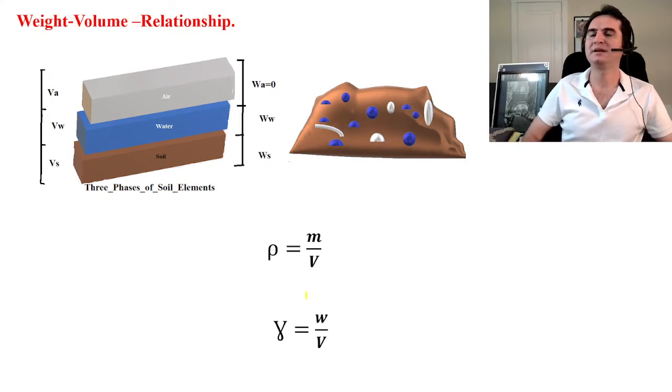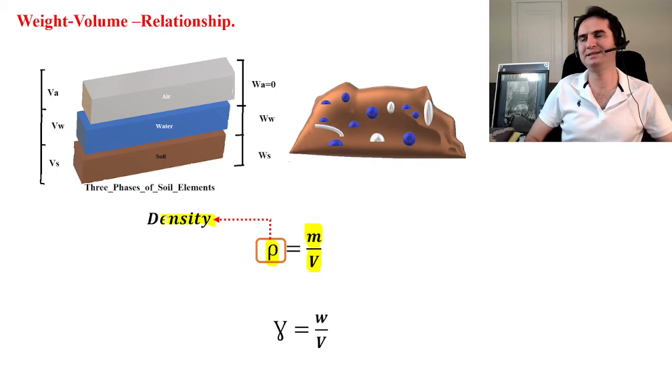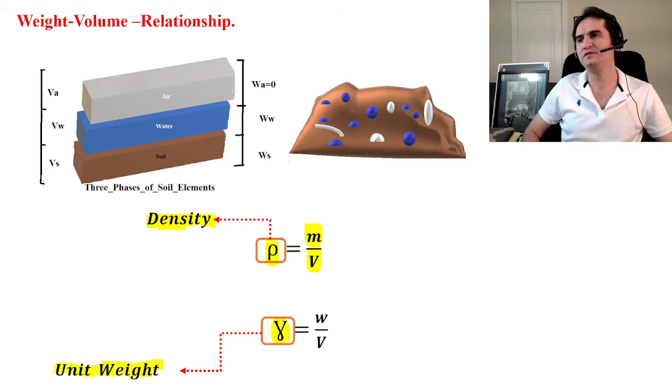And now let's flash back to physics. Rho, density, is mass over volume. So let's see what the difference is between rho and gamma: density, and unit weight or specific weight. Gamma is called unit weight or specific weight, and if one simply connects the dots, that's m times g.